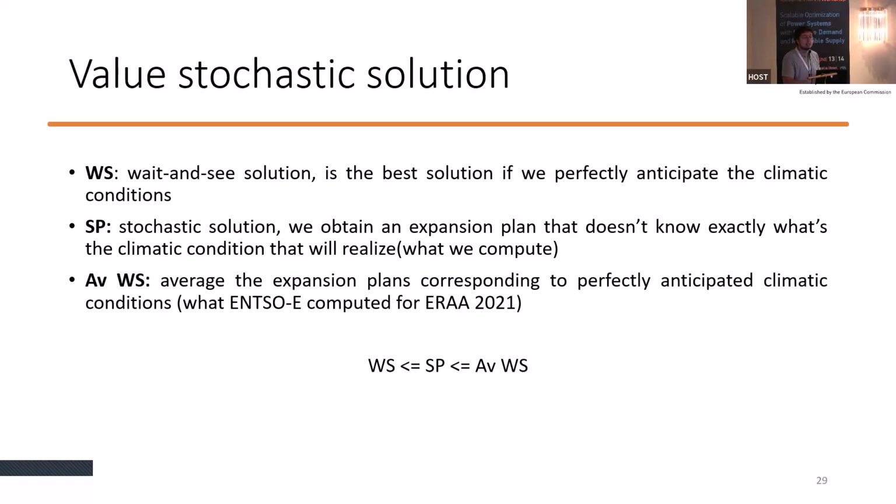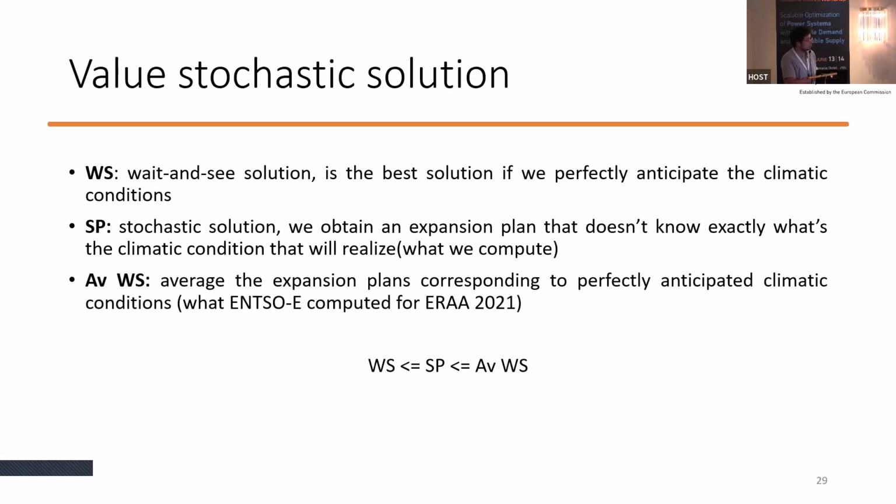It's easy and efficient. And in fact, this is also what ENSUI computed as an approximation for the stochastic solution for the ERA 2021. This average wait-and-see solution is always going to be greater than our stochastic solution.